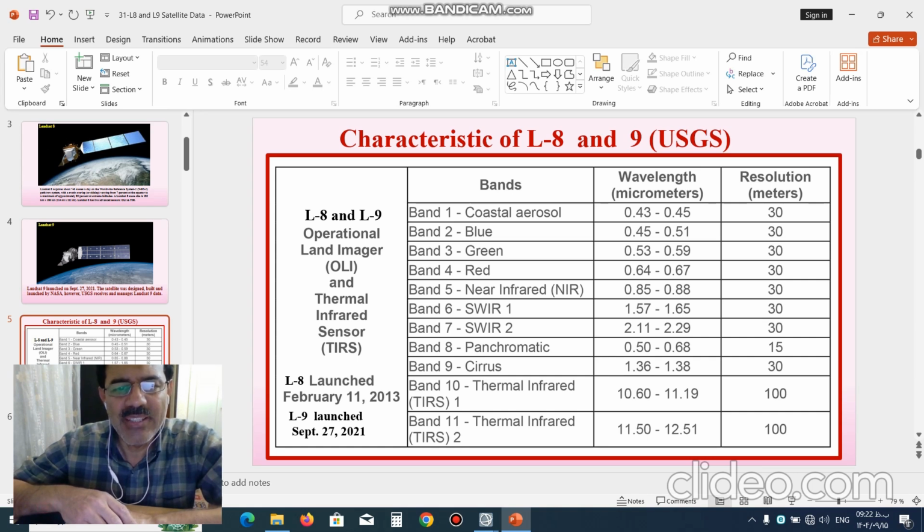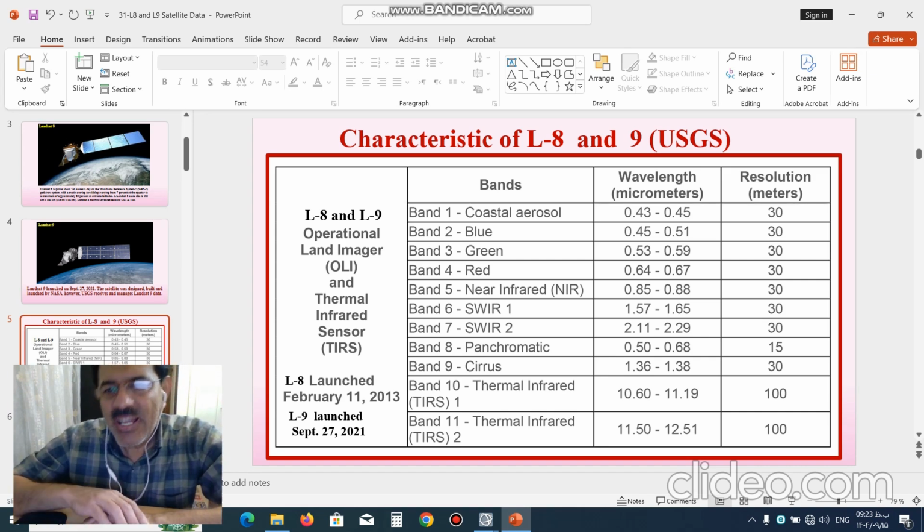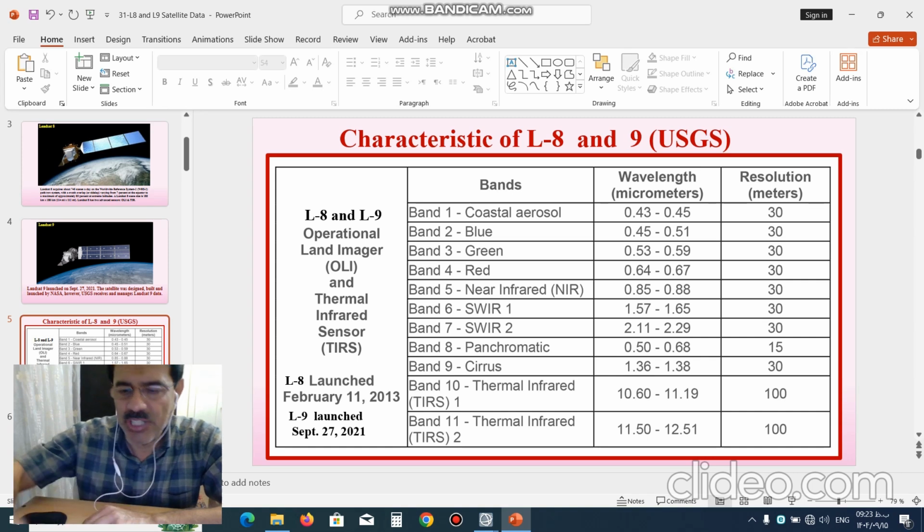Band number 10 and band number 11 are thermal bands, TIRS number 1 and TIRS number 2, with 100 meters resolution.